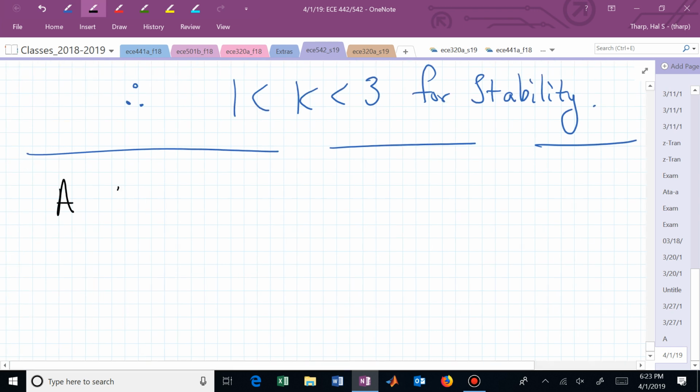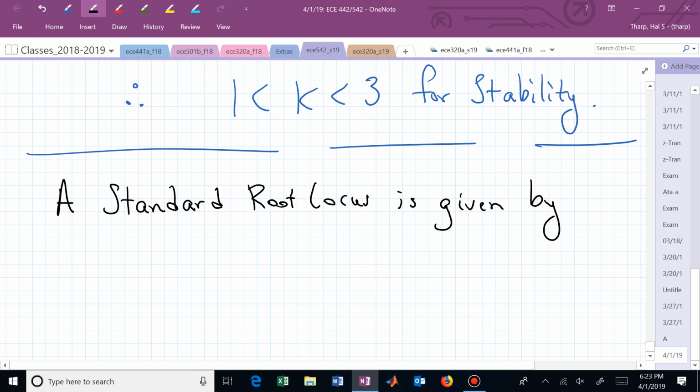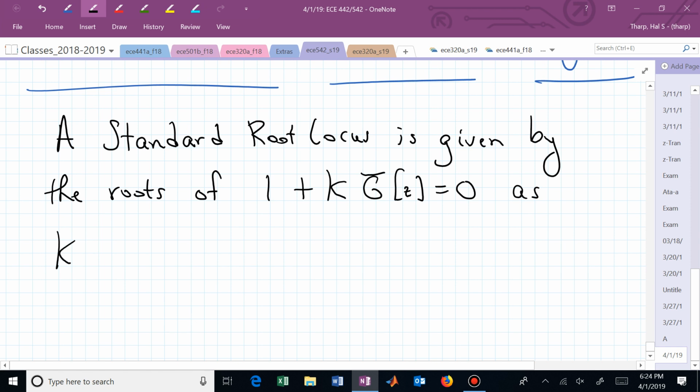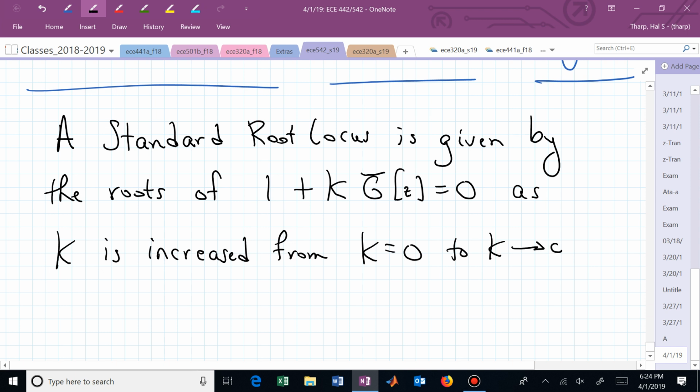A standard root locus is given by the roots of 1 plus k g bar of z equaling 0, as k is increased from k equal to 0 to k going to infinity.